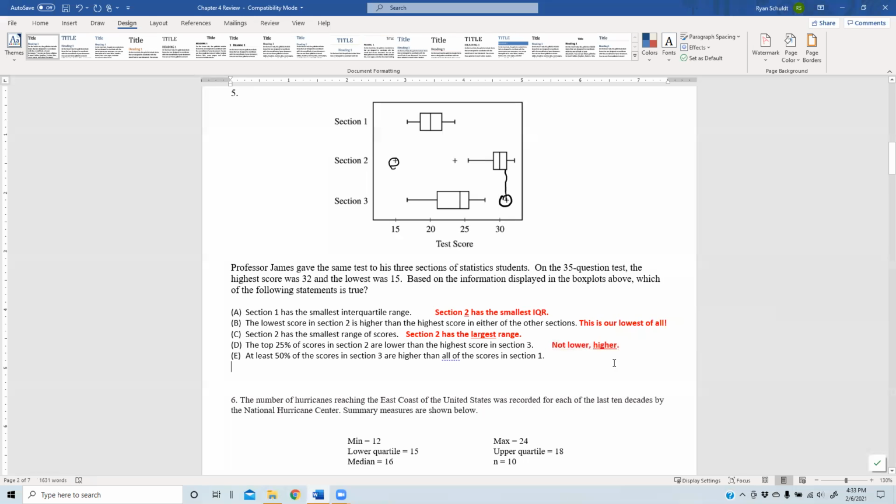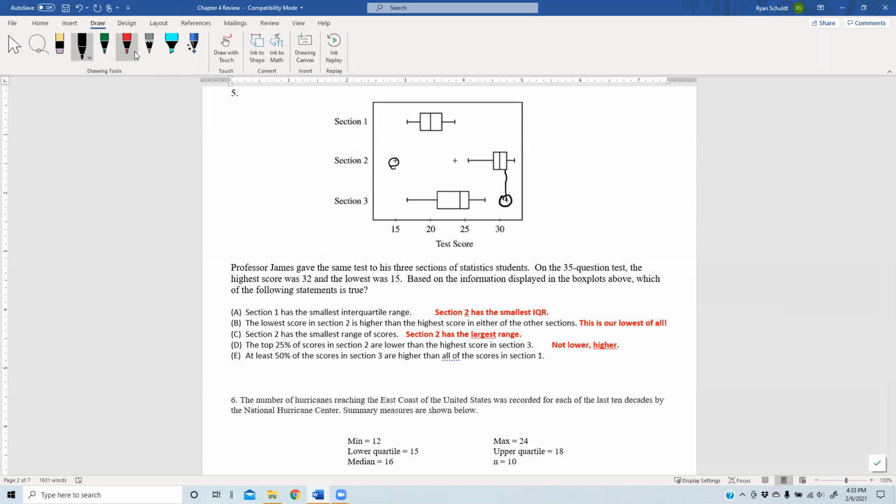I hope it's E because we've thrown out the rest of them. E, at least 50% of the scores in Section 3 are higher than all of the scores in Section 1. Well, let's look at this one. Where's the 50% mark on Section 3? It's at our median.